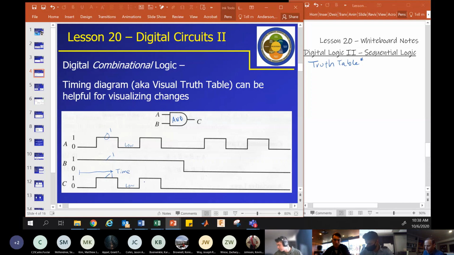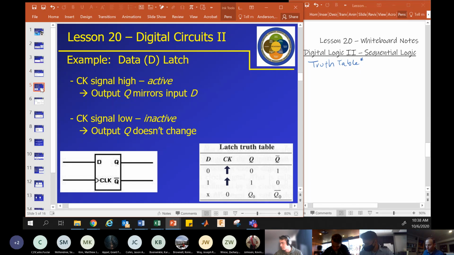Then A goes back high, output goes high, et cetera. Here, B goes low, the output's low, B stays low, so the output has to stay low the whole time. So these are helpful for visualizing how the device changes over time in response to different inputs. We'll see more of these coming up the rest of the lesson.